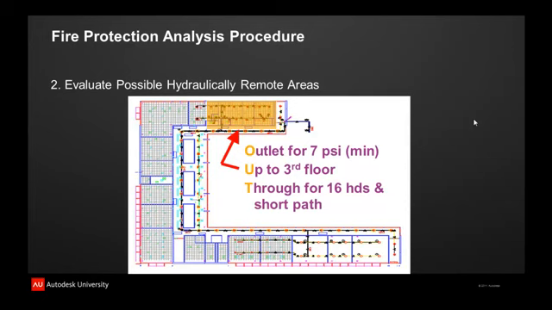The elevation pressure would be the same because we're still raising the water up to the third floor. However, the friction loss would be required to carry water for as many as 16 heads, or in this case exactly 16 heads, through what turns out to be the shortest path from the operating sprinklers back to the supply.